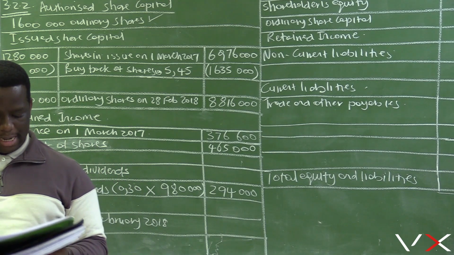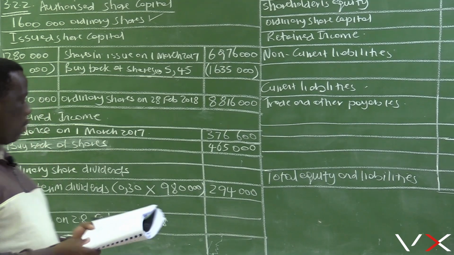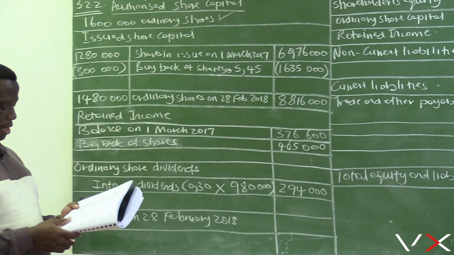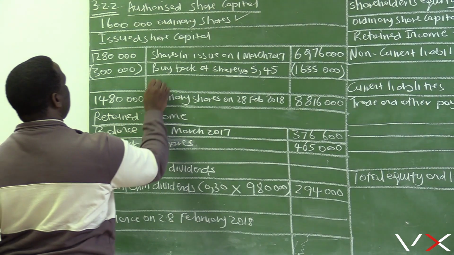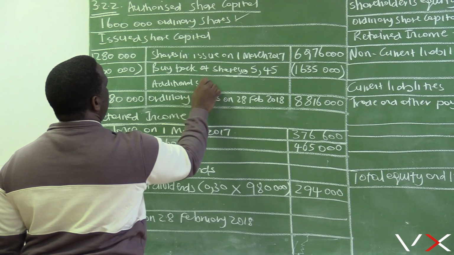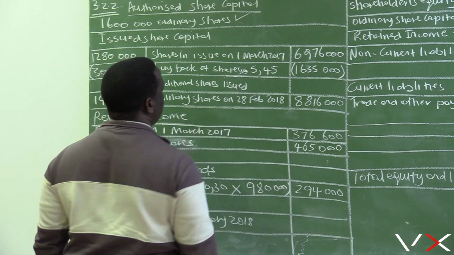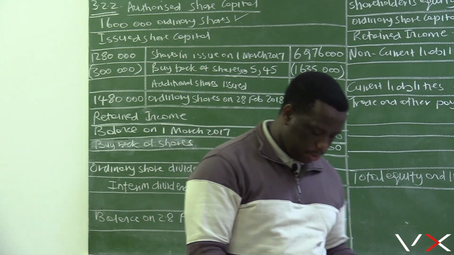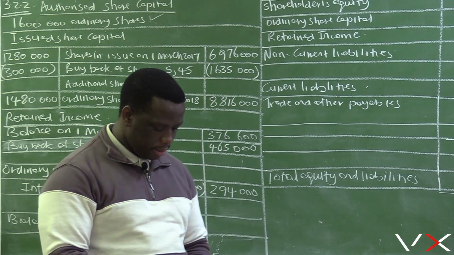Right. 31st of October 2017, additional shares were issued. So we are told that there were additional shares that were issued, but the number of shares that were sold is not given, and even the price at which these shares were sold is also not given.